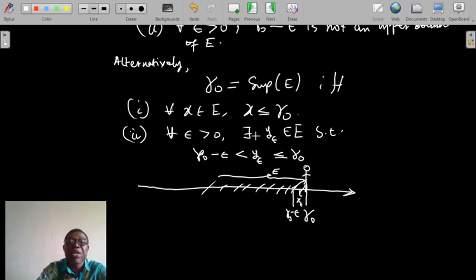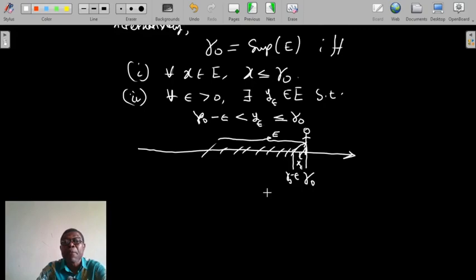As I mentioned in the case of infimum, this inequality is very important and must be remembered as it appears. Here is not strict, it is less or equal to, where here is very, very strict inequality. Now, again, the next characterization involves a sequence of real numbers which we have not introduced.